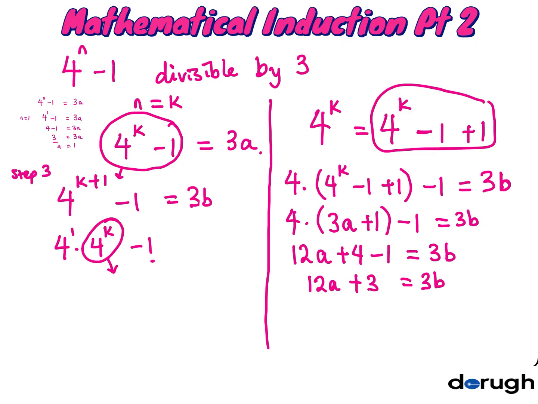Now, the beauty of this is that, look at it, 12 times any integer a will be divisible by 3 because 12 is divisible by 3, and 3 is divisible by 3, and obviously 3b is also divisible by 3.